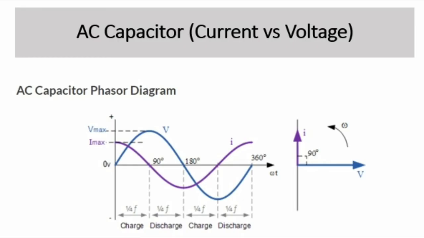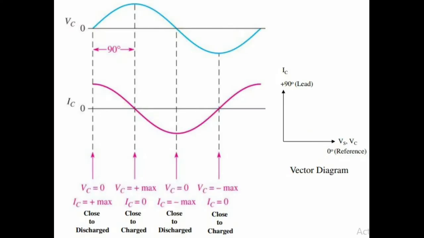If you see here, when the voltage is 0, the current is maximum, because the capacitor is charging in this process. And when the voltage is maximum, the current is 0, because now the capacitor has been charged to the maximum voltage, and it would not allow any current to flow through it.